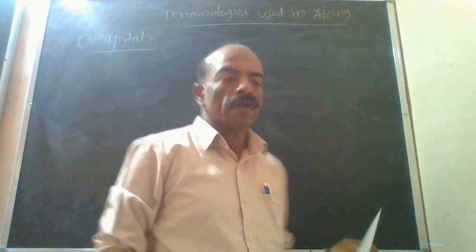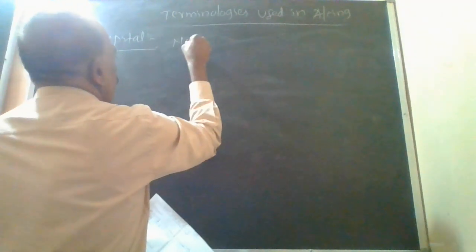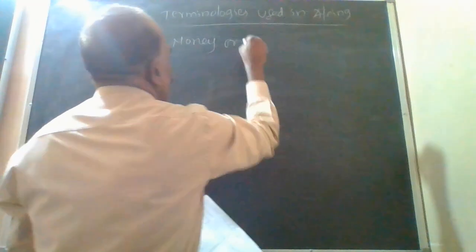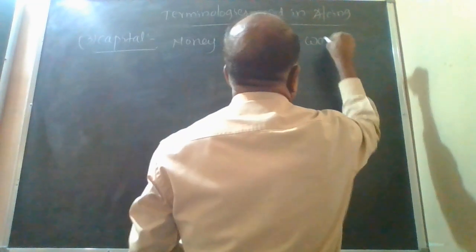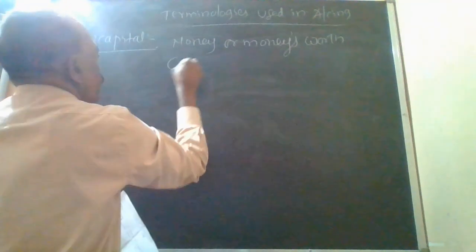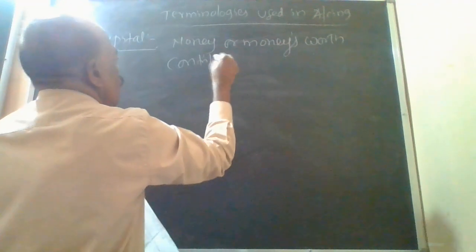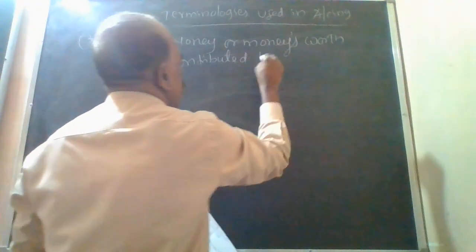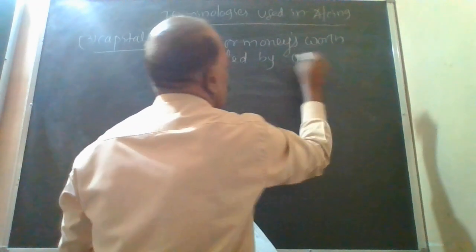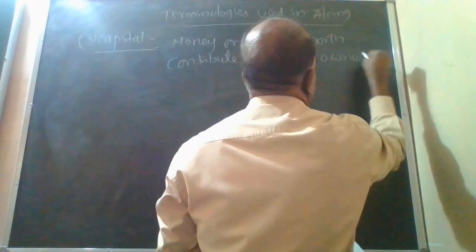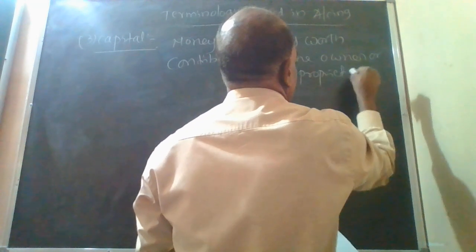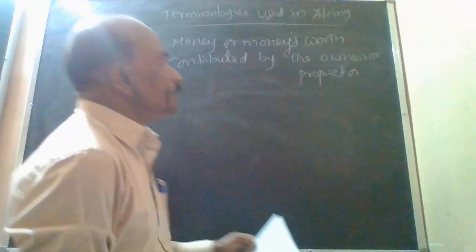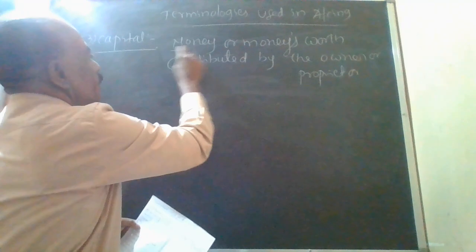Capital means money or money's worth contributed by the owner or proprietor. Both are one and the same only. Proprietor is also called owner. He will contribute either the money.